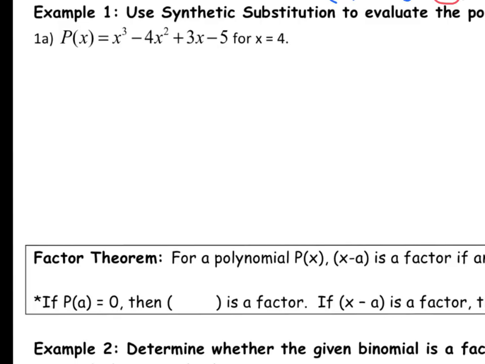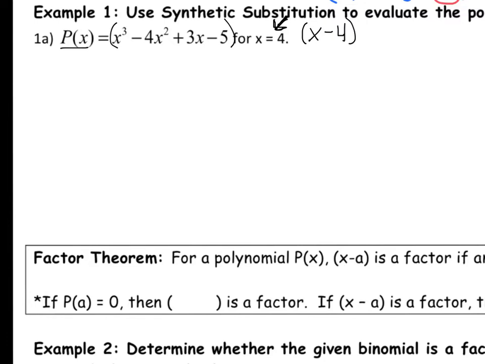So what we're going to do is pretend that we're dividing p of x, this polynomial, by the factor x equals 4. Since they gave us what x equals, it must have meant that the factor was x minus 4. So it's sort of like synthetic division, we're just going to do synthetic substitution.